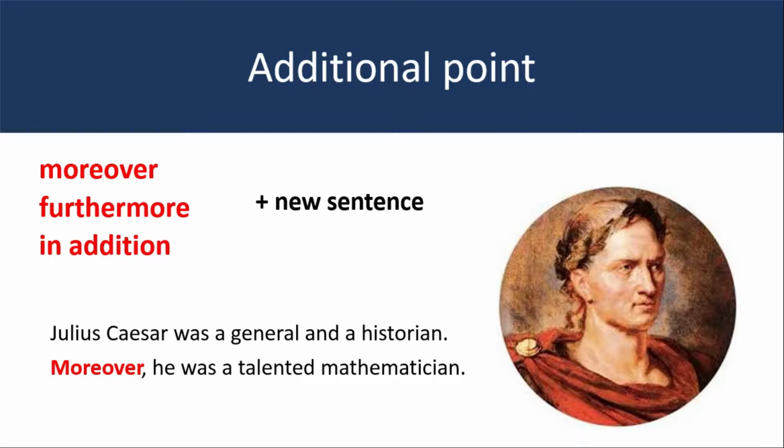Both clauses are independent clauses. Julius Caesar was a general and a historian. It's a clause or a sentence, and then it connects with the next sentence. Moreover, he was a talented mathematician. You could delete "moreover" and it would still make sense. However, "moreover" gives it a certain grade of formality.